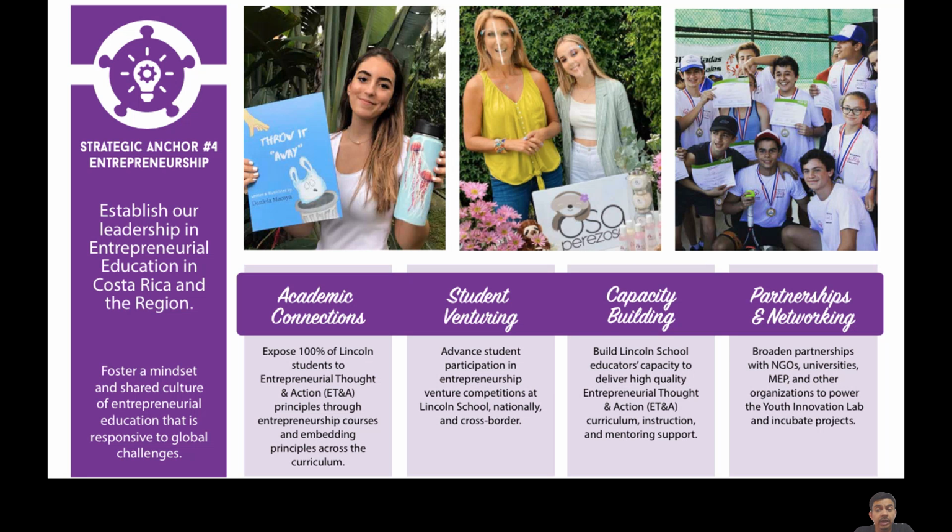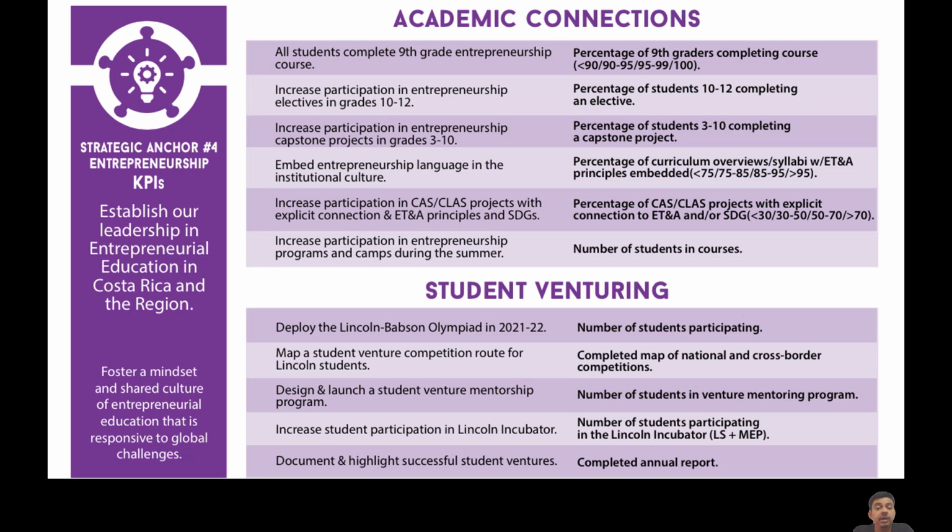And next up, a way to achieve this anchor is actually by following the key performance indicators. So, for example, all of the students in ninth grade need to take the class, increase the number of participation in entrepreneurship electives, which is actually what we are trying to do here with this alignment.